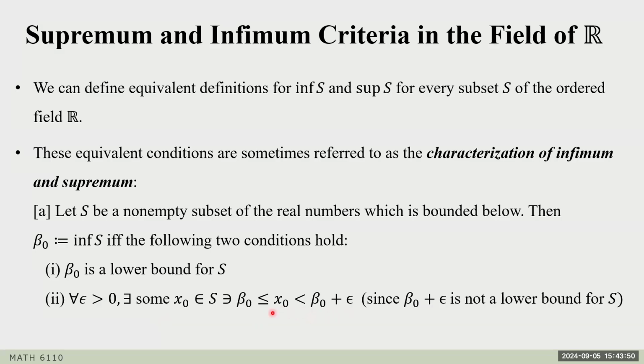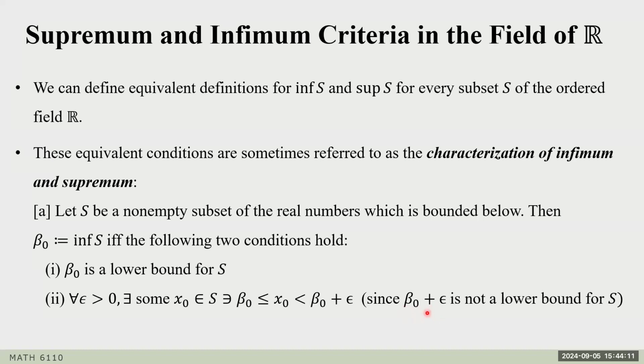Another way of interpreting this second condition is that if you take any epsilon, no matter how small, and you add it to the infimum, so you get beta 0 plus epsilon, this new number will not be a lower bound for that set.